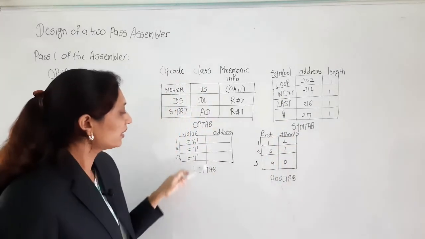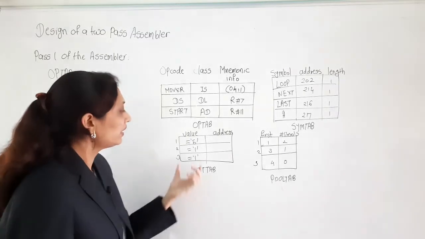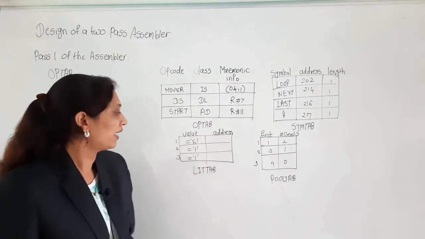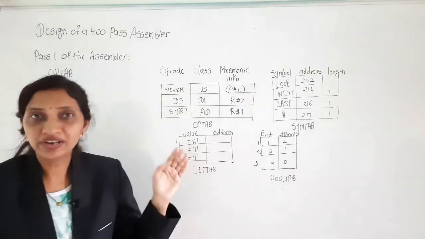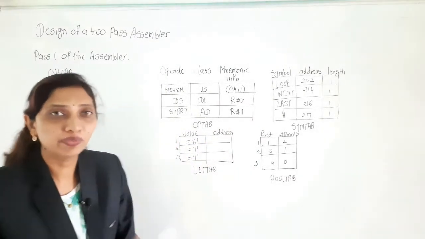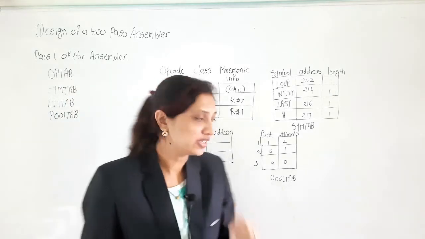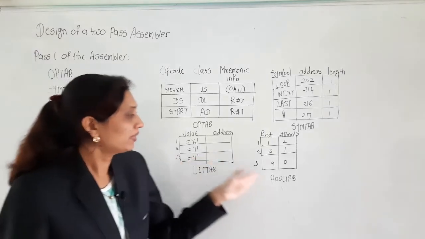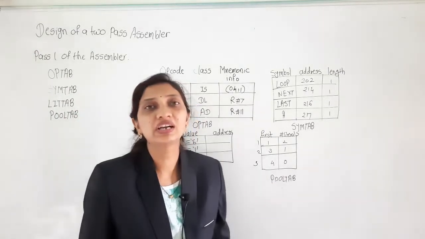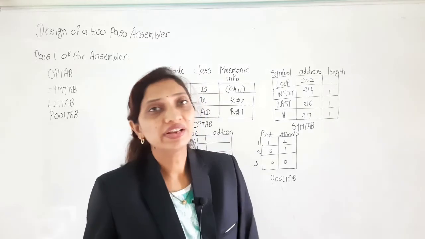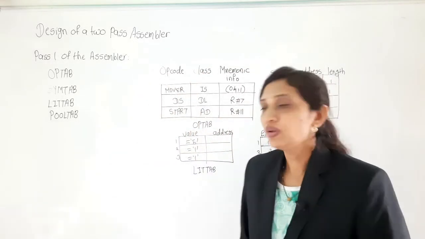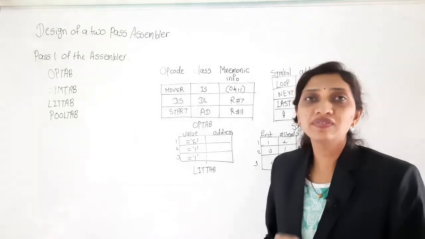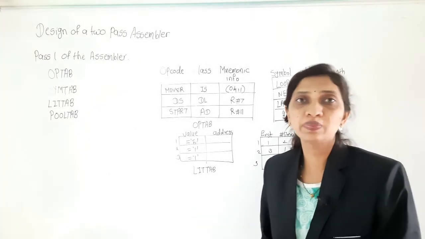The third one is your literal table. In a literal table two fields are there, value and address. Each literal present in your program gets an entry in the literal table. Same here, the pool table contains a single field which holds a literal number, indicating at which position which literal is present.